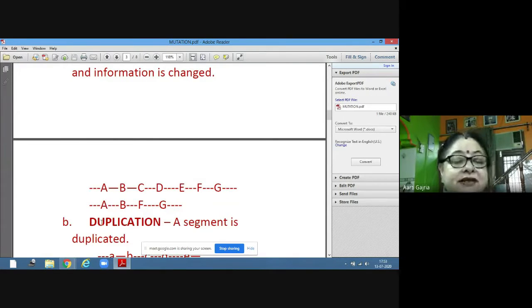The resultant sequence would be A, B, F, and G. So, the information is changed. What information was there earlier? Now the information is different, and this is mutation. This mutation has resulted from the change in the morphology of the chromosome, because of deletion of the segment.